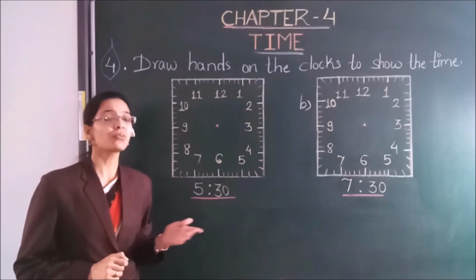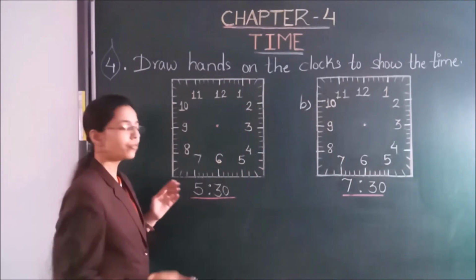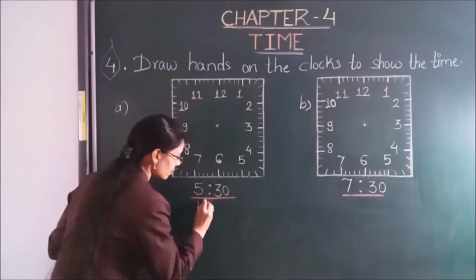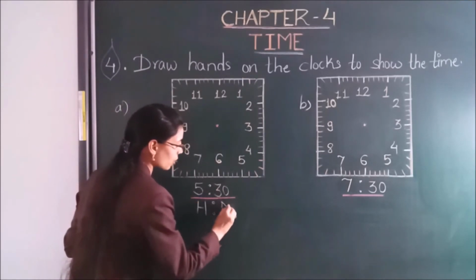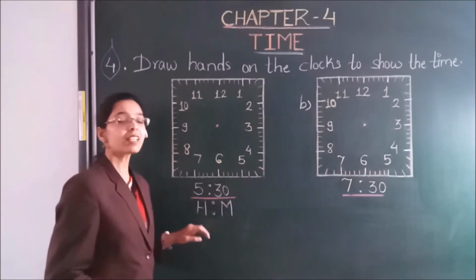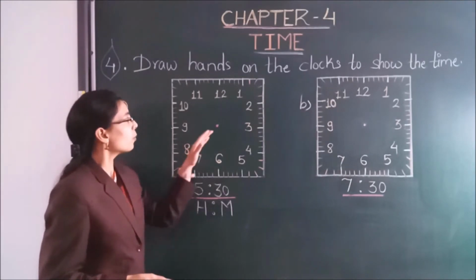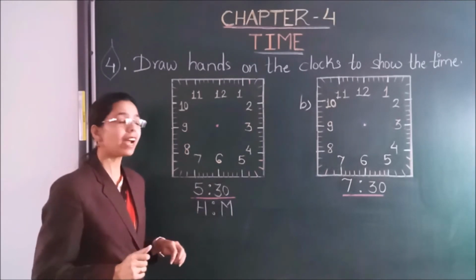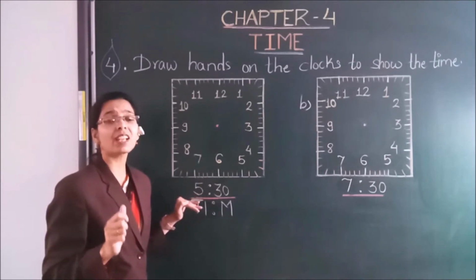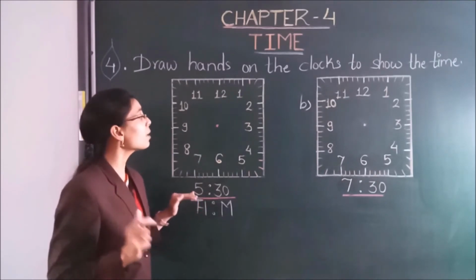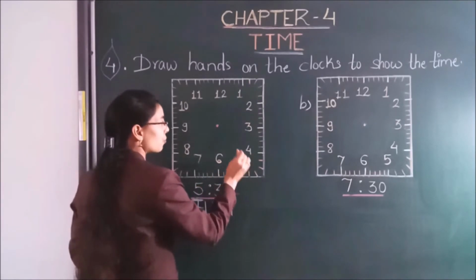The time is 5:30. So this 5 shows hours, and after these two dots it shows minutes, isn't it? Now, 5. Where do we have to draw our hand? Here is 5. It means our hand has crossed which bigger marking? This 5.